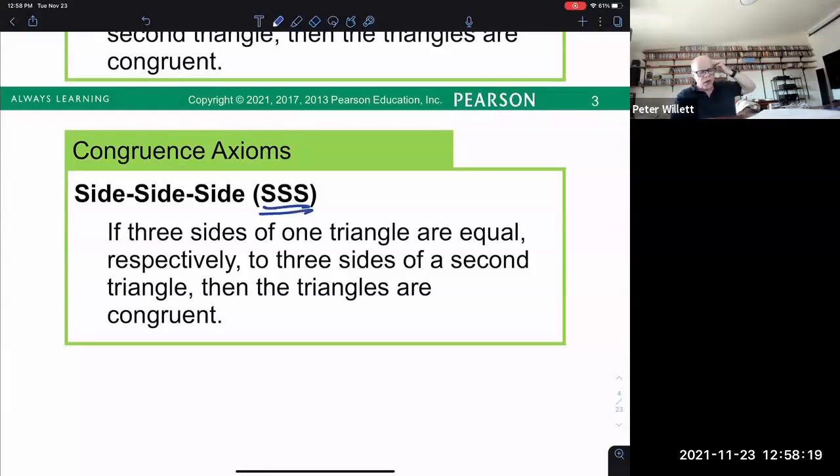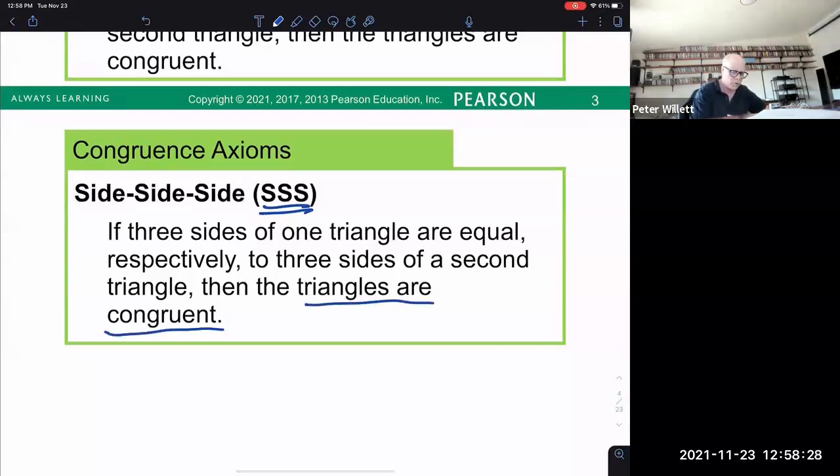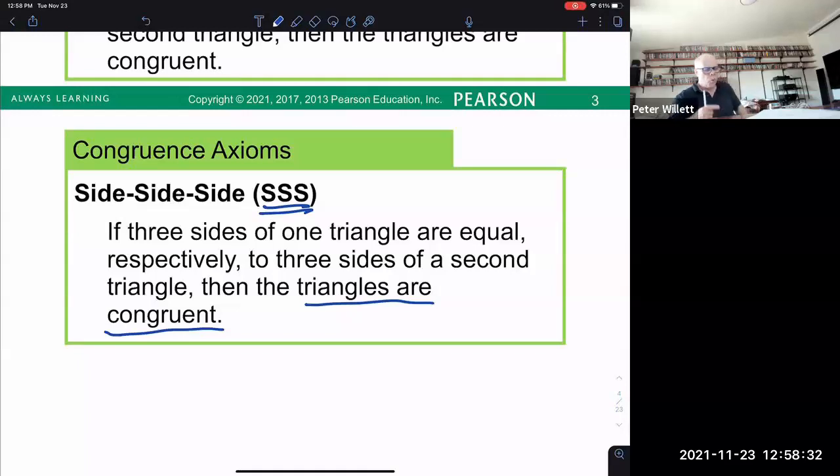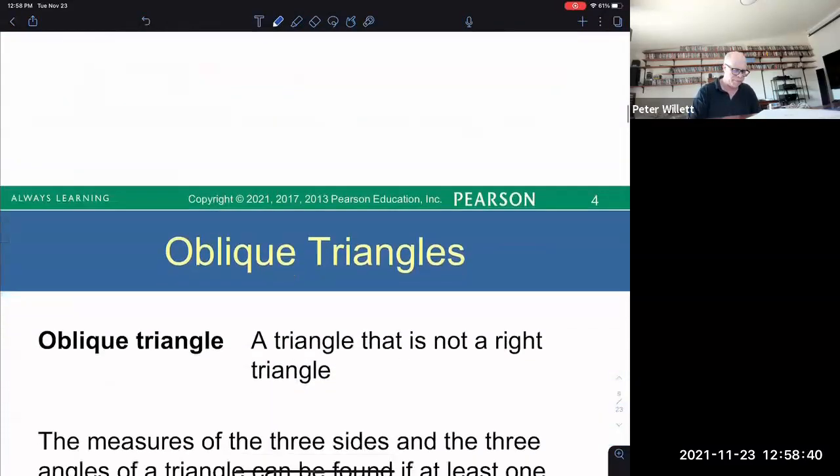If three sides of one triangle are equal to the three sides of the other triangle, the triangles are the same triangle. They're congruent. All right, so they give us these statements of ways that you can compare two triangles to try to determine that the triangles are actually the same triangle, just in a different position or location.